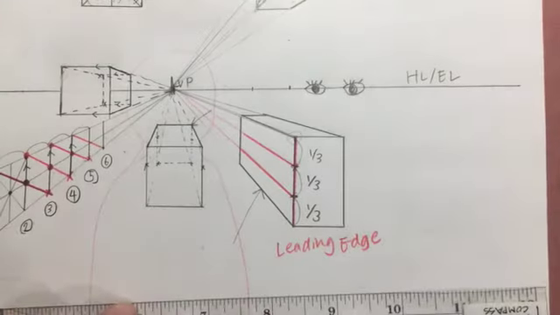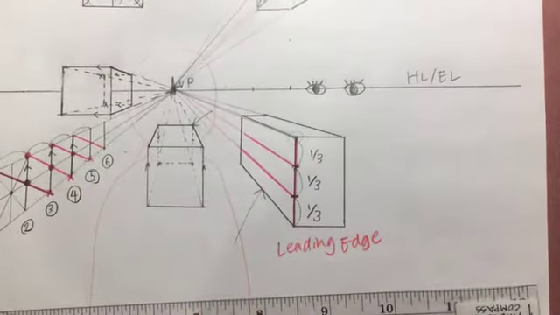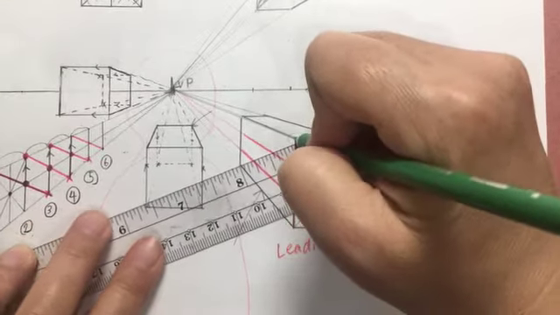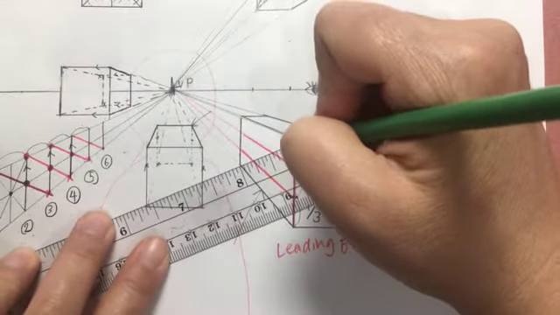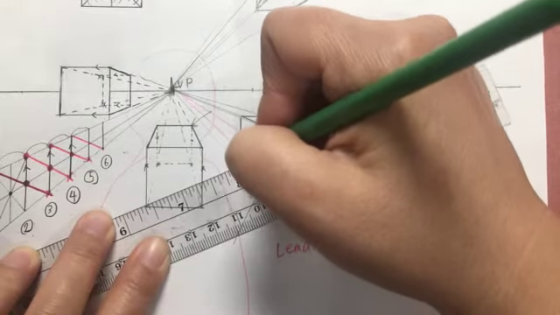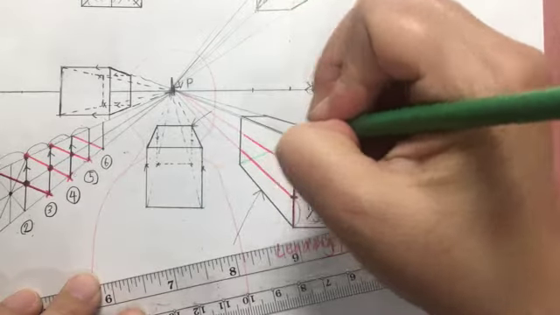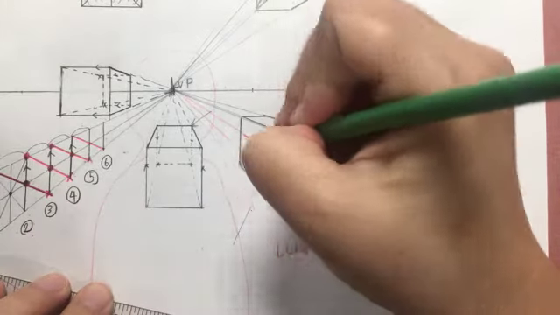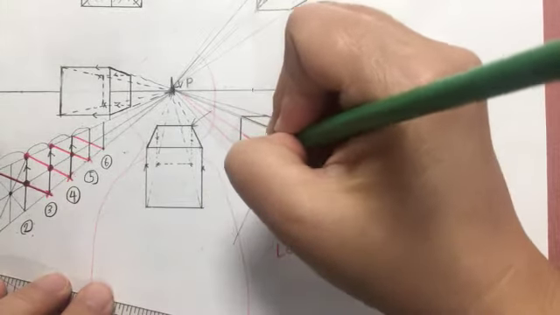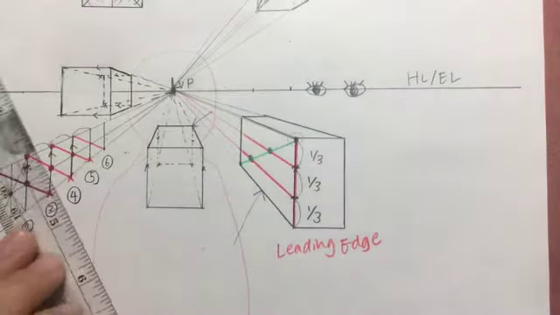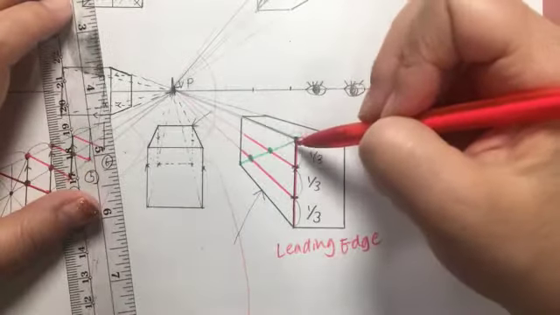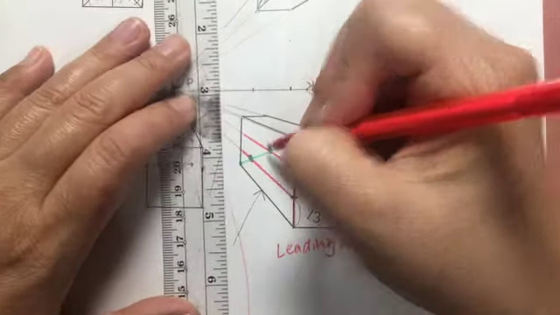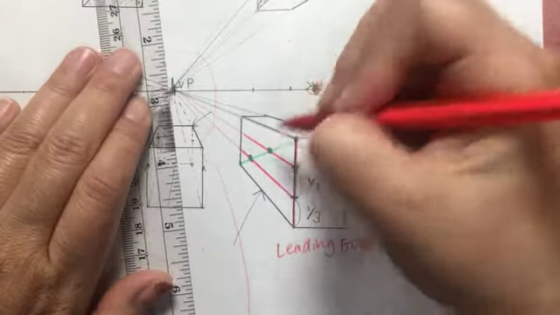And then you want to draw the diagonal line from corner to corner. And you see how the two lines intersect? You start to see the pattern. In linear perspective, you always need 2 lines to figure out the intersection.